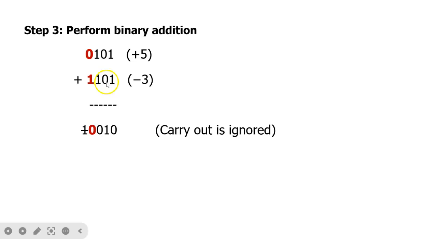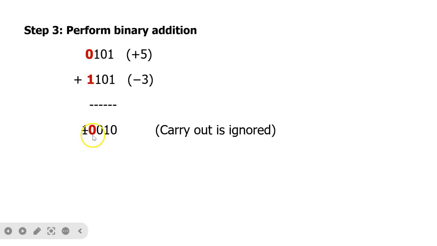We do the normal binary addition, and we get 10010. Here the numbers are 4-bit, and in the result we are getting a 5th bit, which is the carry out. As per the rules for binary subtraction, the carry out should be ignored. So we are ignoring the carry out, and the remaining 4 bits are the result.